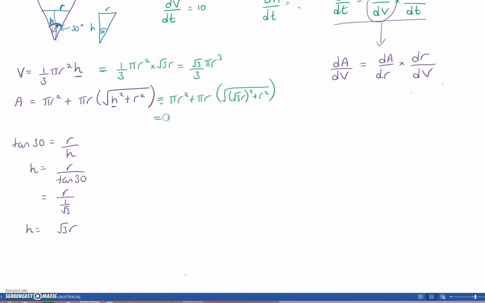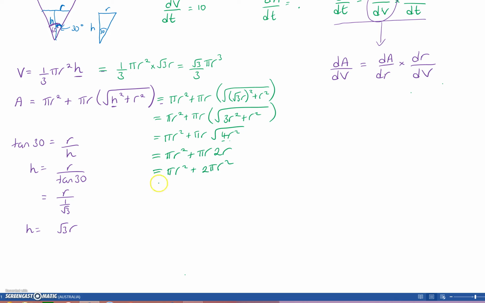Now work with this. You get pi r squared plus pi r by, now this in a bracket squared means everything inside that bracket is raised to the power of 2, so it becomes 3r squared plus r squared, and then that simplifies to square root of 4r squared and I can take the square root of both of those terms, the 4 and the r squared, to give me 2r, and then that simplifies to 2 pi r squared, and then put them together because they're like terms, gives me 3 pi r squared.